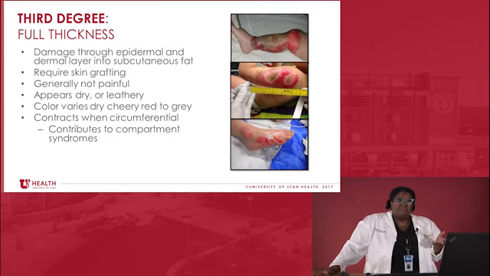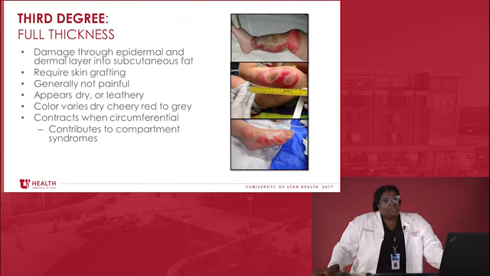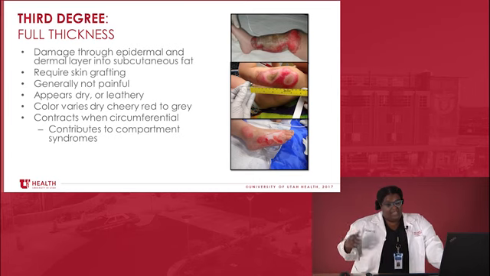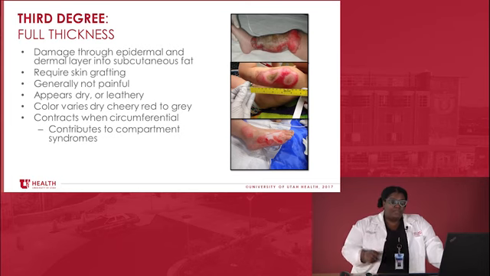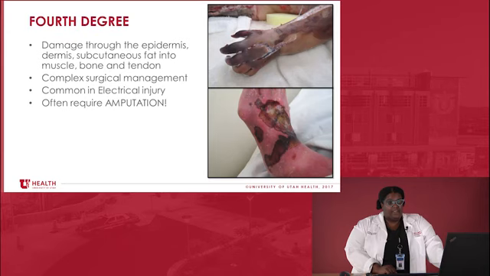They can be cherry red like that other picture, but they'll be dry as an indication for full thickness, or they may be gray and leathery and sort of this off-white color. They can also contract a lot as well, and that will require excision in order to be helpful. And it can also lead to compartment syndrome, so we'll have to talk about that a little bit later.